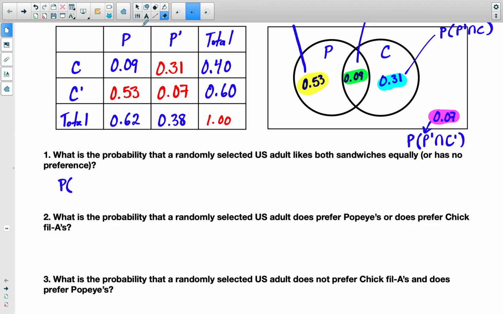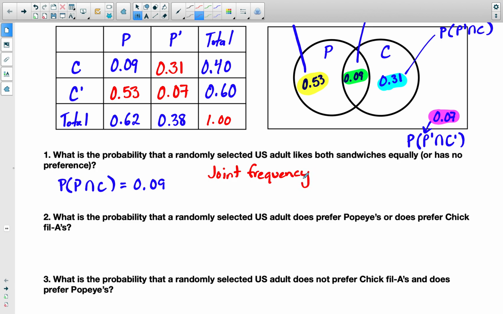Let's redo that. Probability of Popeyes and Chick-fil-A. So I want to go where P and C meet, and that's 9%. Again, that's called a joint frequency. And as long as you have a table or Venn diagram, you can generally pull these right from the table or Venn diagram. Here it would be right there on the Venn diagram.